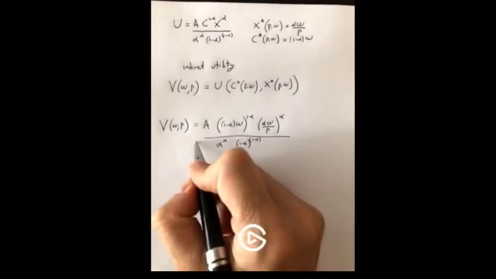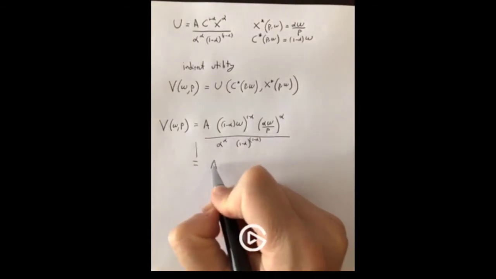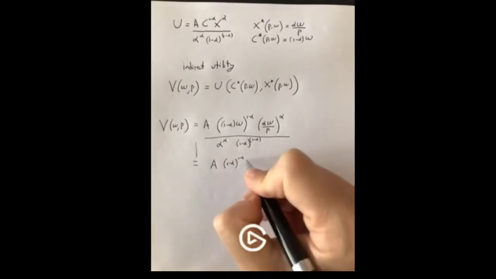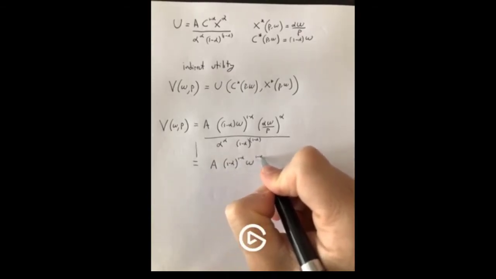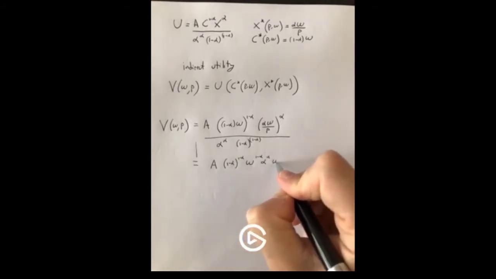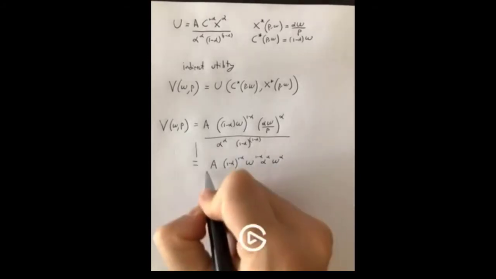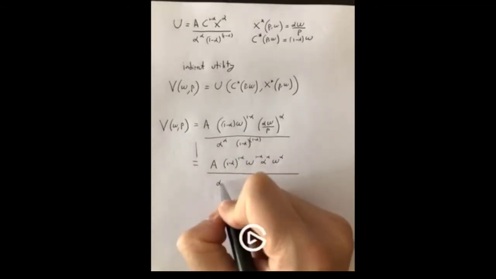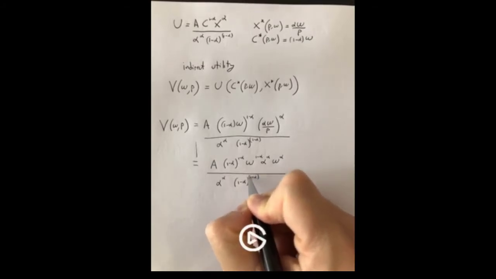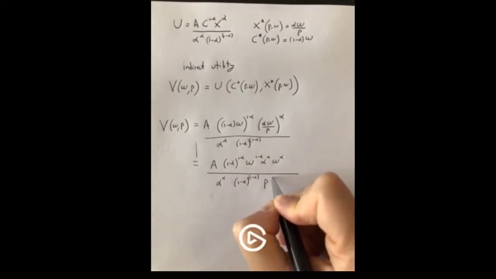This can be written as A times (1 minus alpha) with exponent (1 minus alpha) times W with exponent (1 minus alpha) times alpha with exponent alpha times W with exponent alpha, divided by alpha with exponent alpha, (1 minus alpha) with exponent (1 minus alpha), divided by p with exponent alpha.